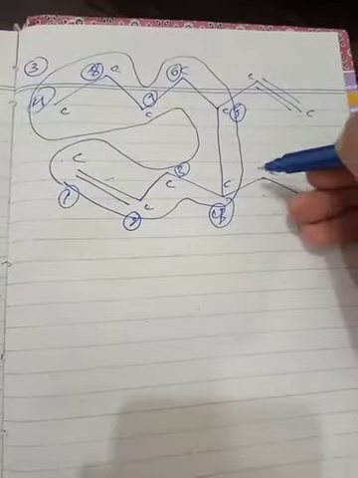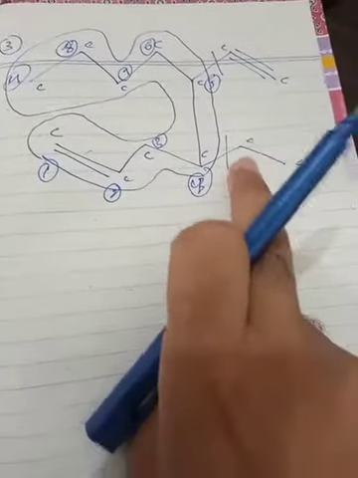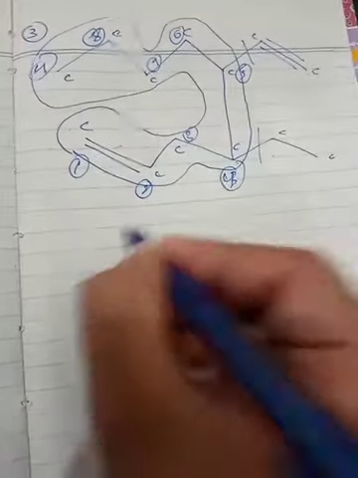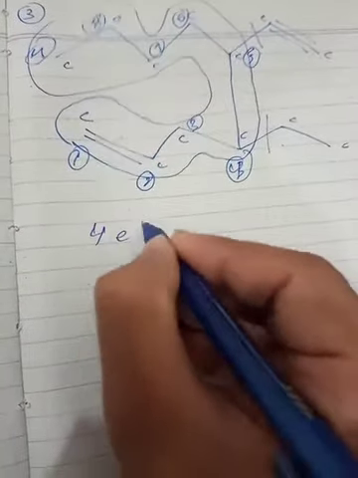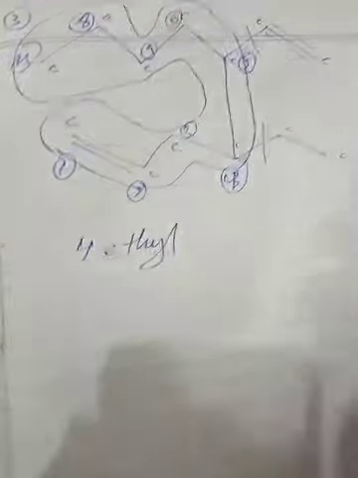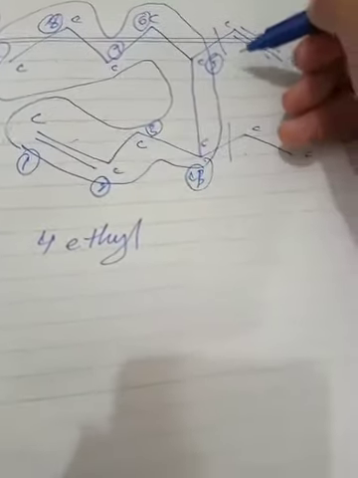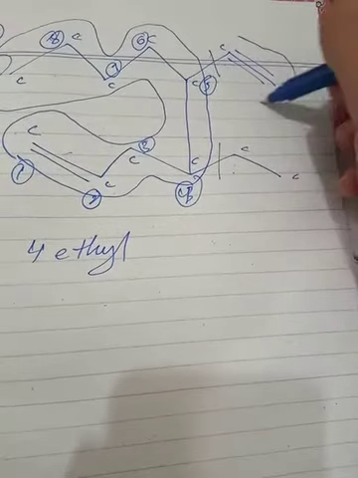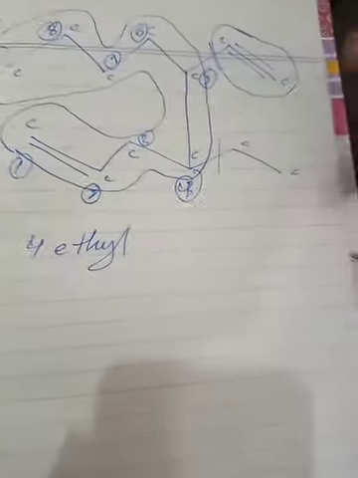Now look at the substituents. Number 4 contains, what is the name of this substituent? Ethyl. So just simply name it 4-ethyl. And the 5th carbon is attached with a substituent that has a triple bond.